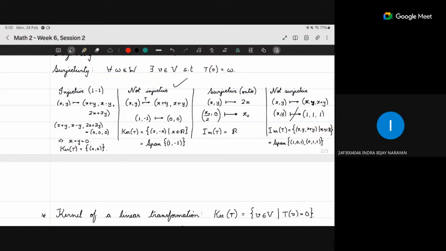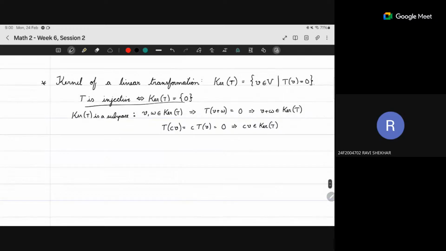Oh, okay. Now I get it. So I can take this example, x comma minus x. Okay, thank you. The kernel is the set of all vectors mapping to 0. So if you're asked, kernel T is the set 1 comma x, x in R, in the usual R2 this cannot happen.